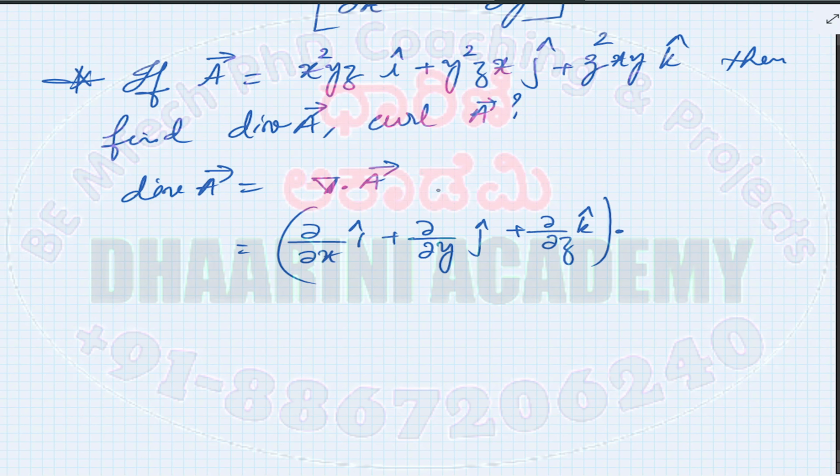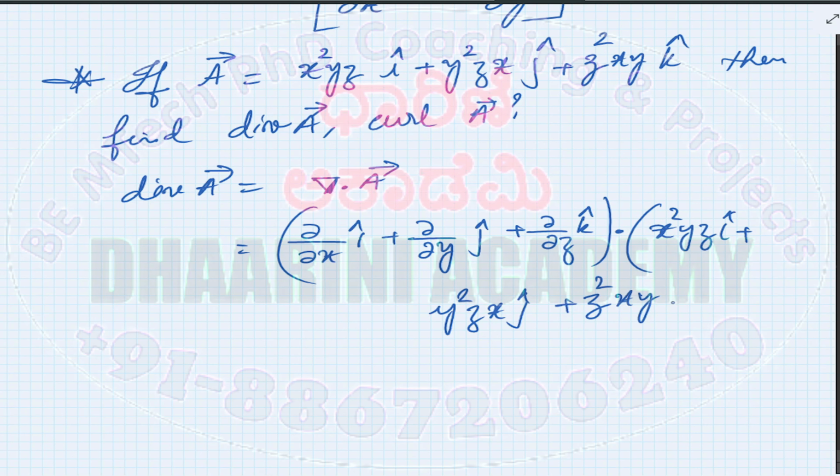Write the given vector A here: x square yz I cap plus y square zx j cap plus z square xy into k cap.